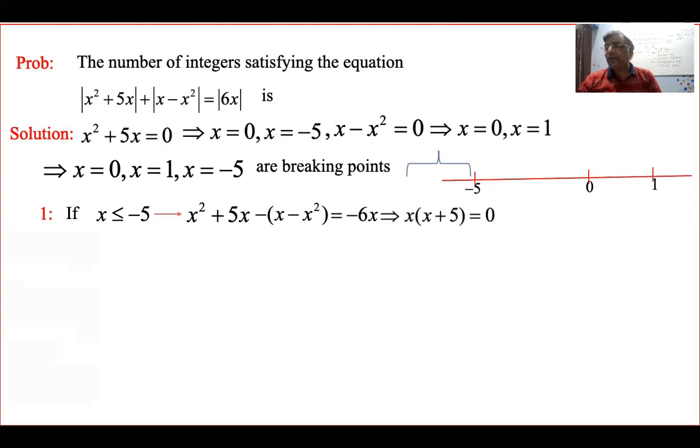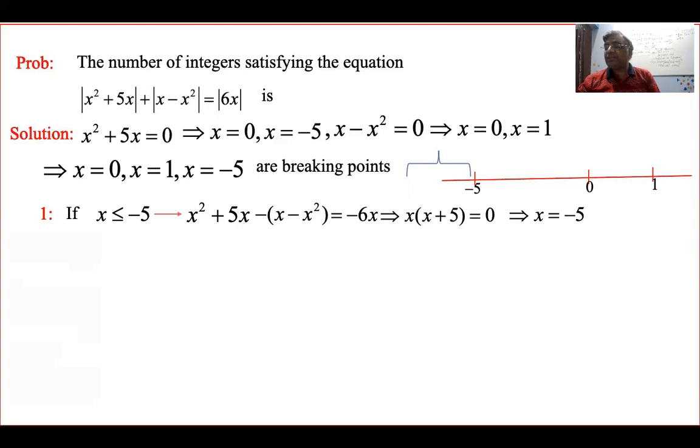Bring them here and simplify that. You will get x into x plus 5 is equal to 0. So the choices are x is equal to 0 and x is equal to minus 5. But x is equal to 0 is not in our interval, that is x is less than or equal to minus 5. So in this part, x is equal to minus 5 is the only solution in the first part.